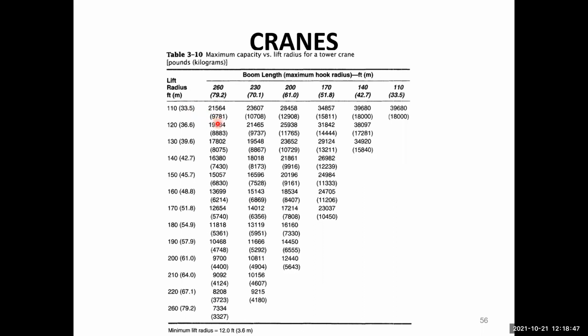If the boom length is more, that is, the maximum hook radius, then the load lifted can be 10,708 kilograms. So there is a lift radius, and there is also the boom length.